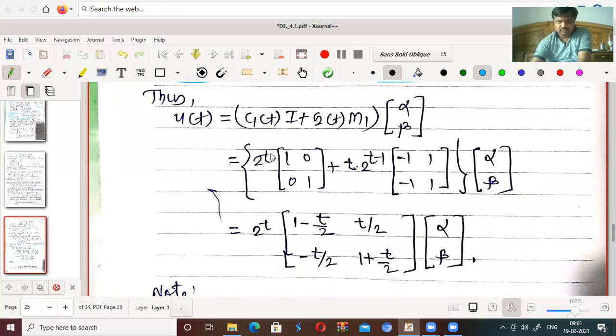So C1 of t is 2 to the power t into the identity matrix, plus C2 of t, which is t into 2 to the power t minus 1, into this M1, into alpha beta.